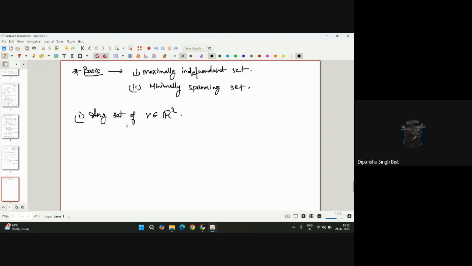I'll start putting elements in this S. Initially I'm just going with 1 comma 1. Because it's a single element, one vector, the set is independent, correct? Let's add another vector to it.